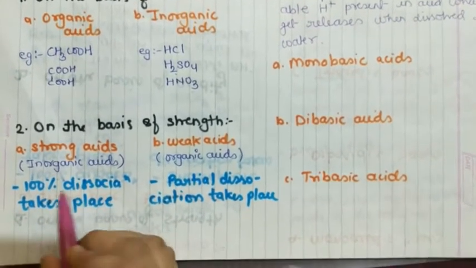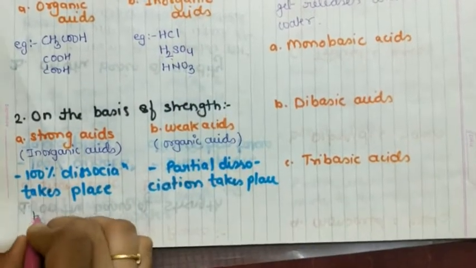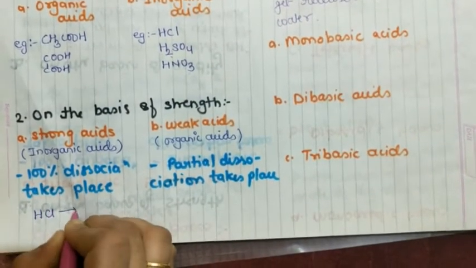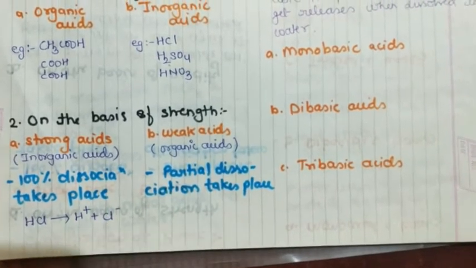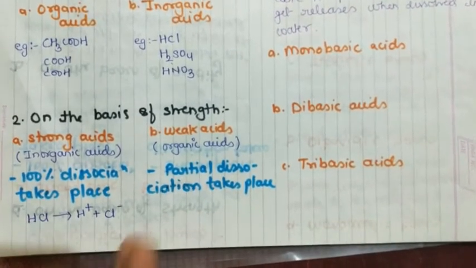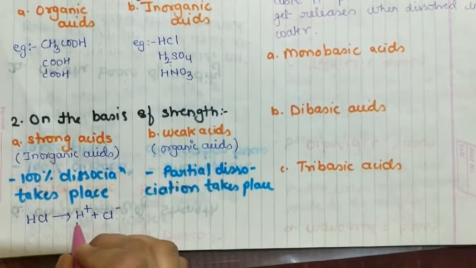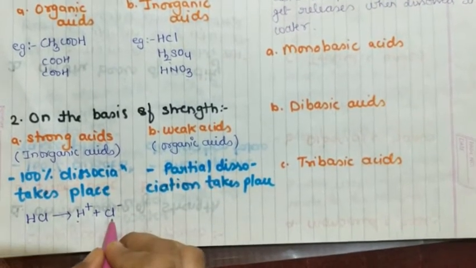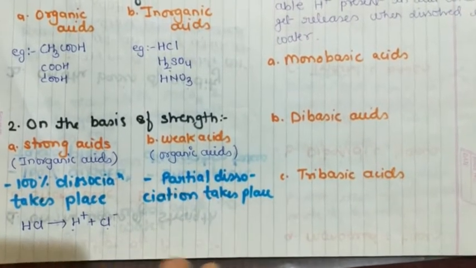Strong acids, suppose HCl, will always have 100% dissociation. That means all the molecules of HCl will dissociate into hydrogen ion and chloride ion. But in the case of weak acids, they do not dissociate completely.